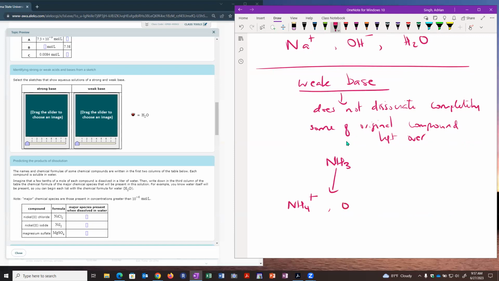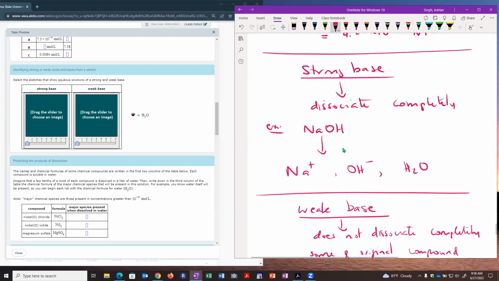We're going to get some hydroxide as well, but then we also have some of the ammonia that stays on its own, and then we're going to have some H2O, right? So you'll notice that we do have the hydroxide, but we still have some of this left over, and that's really what you're looking at to see whether it's strong versus weak. In the strong example, we don't have any of the sodium hydroxide left over. It's completely broken apart into the sodium and the hydroxide.